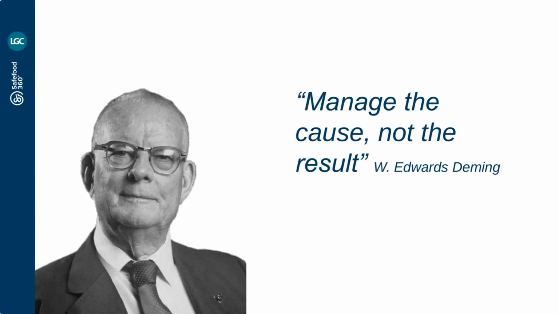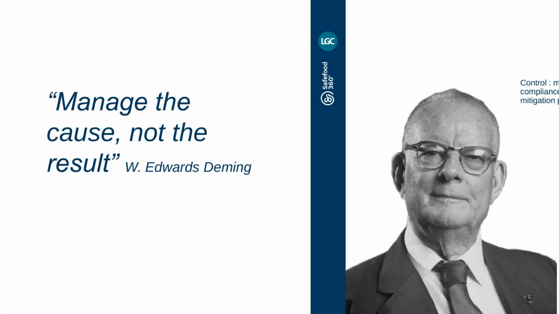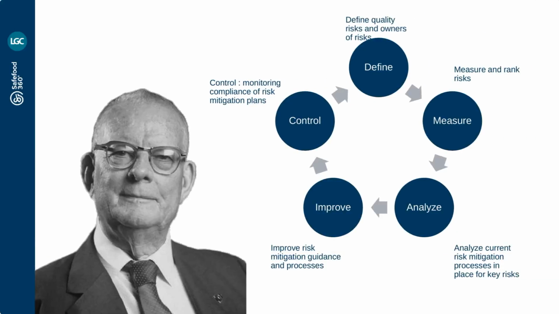Those quality professionals that we have in attendance here would be familiar with Deming. He had many quotes that you can find, but one of his quotes says, "Manage the cause and not the result." Deming is the father of statistics and the father of total quality management. He came out with essentially a procedure or a process for conducting risk assessments or applying that into your system. It's DMAIC.